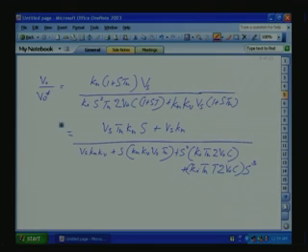This is of the third order transfer function form, where this is equal to B0.